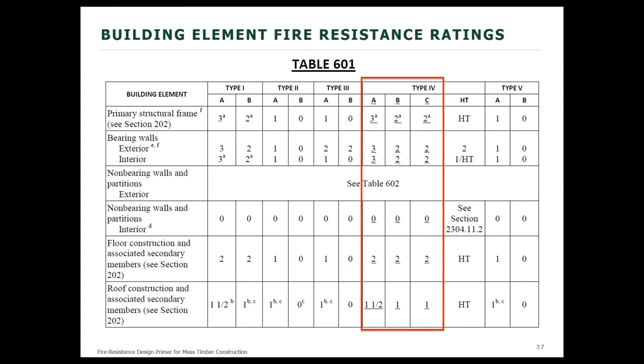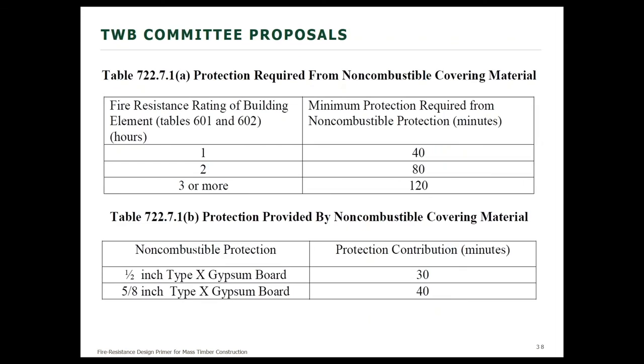And in those cases where you have the 2-hour rating or the 3-hour rating, you're going to have fire resistance established typically, because of the mass, by that calculation methodology of the mass timber with the additional protection of the drywall, like shown up here in this table. Great. And then there are a whole bunch of requirements for this non-combustible protection, for how it's attached to the mass timber to provide that additional time.